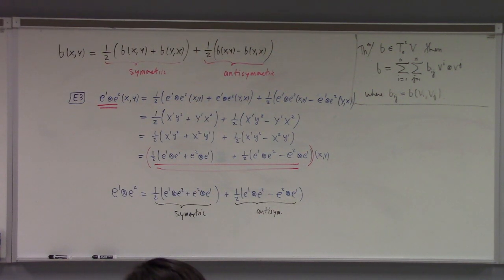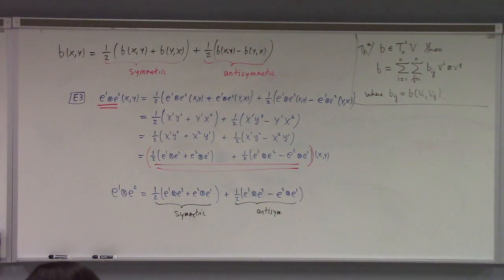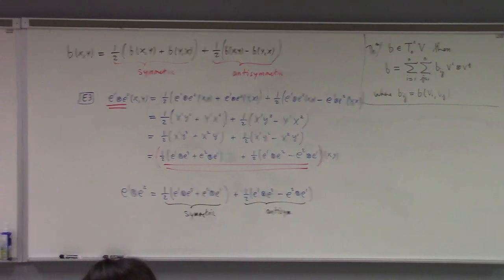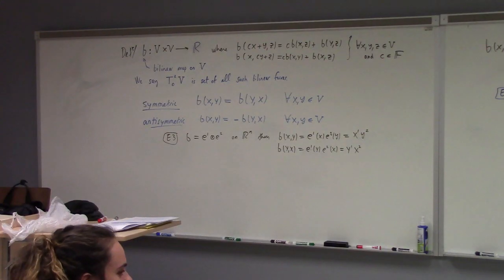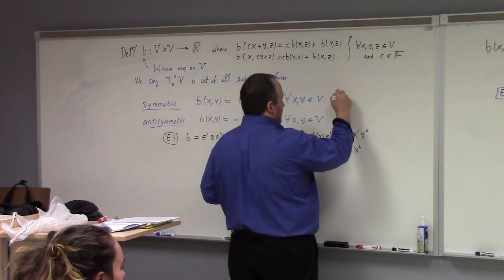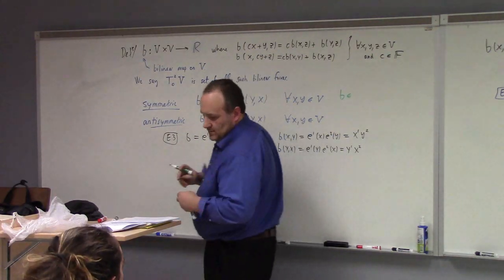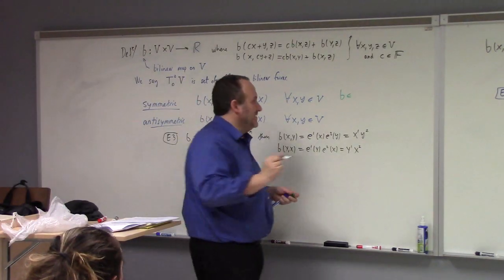Okay, so I should probably mention my notation before I forget. If it's a symmetric bilinear form, I said B is an element of, my notation for this was, I just put a big S in front of it.